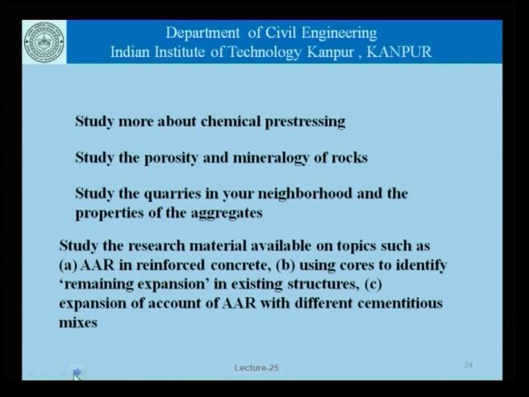We could study the research material which is available on topics such as the alkali aggregate reaction in reinforced concrete, use of cores to identify the remaining expansion in existing structures, and study the expansion on account of AAR with different cementitious mixes.